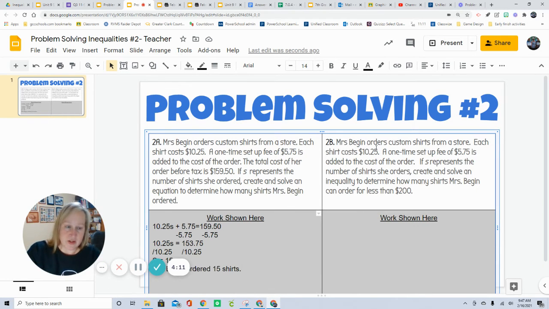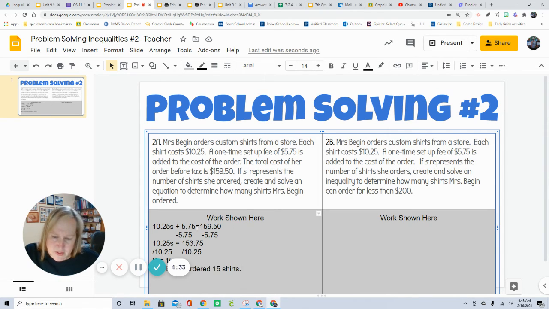Because if I read this over here, Miss Began orders custom shirts from a store. Each shirt costs $10.25. A one-time setup fee of $5.75 is added to the cost of the shirt. If S represents the number of shirts she orders, create and solve an inequality to determine how many shirts Miss Began can order for less than $200.